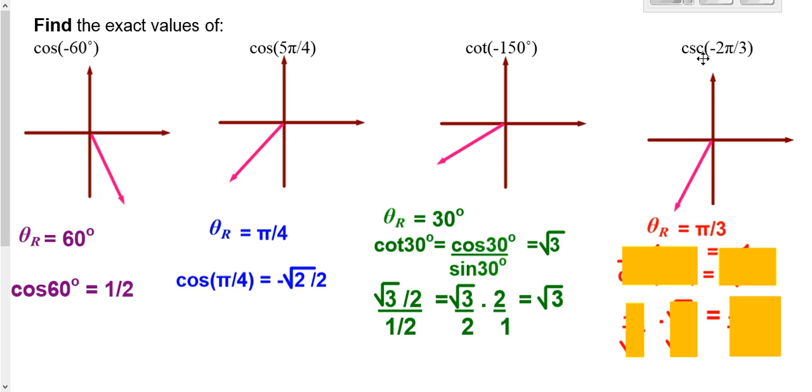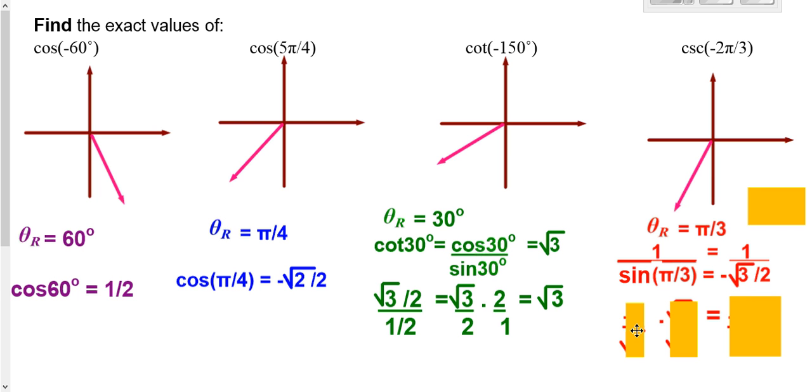This one here, cosecant. Well, our reference angle is pi over 3. Remember, cosecant's the reciprocal of sine. You're supposed to have memorized the sine of pi over 3, so you know it's going to be 1 divided by square root of 3 over 2.